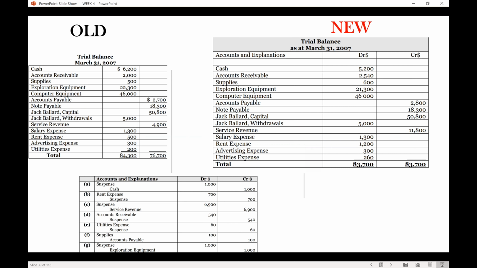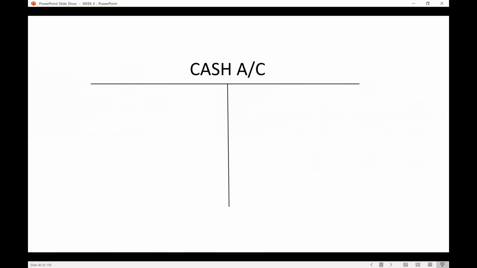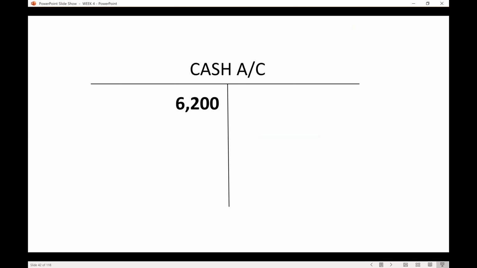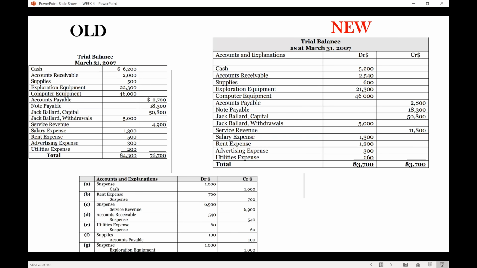So let's look at one of these. Let's look at cash. Cash had a debit balance. In our old trial balance we're looking at, it had a debit balance of 6,200, right? And from our journals, we would have known that we credited cash 1,000. So we have our balance 6,200 on the debit side. And we go to our journal entries and we saw that we made an adjustment to cash.